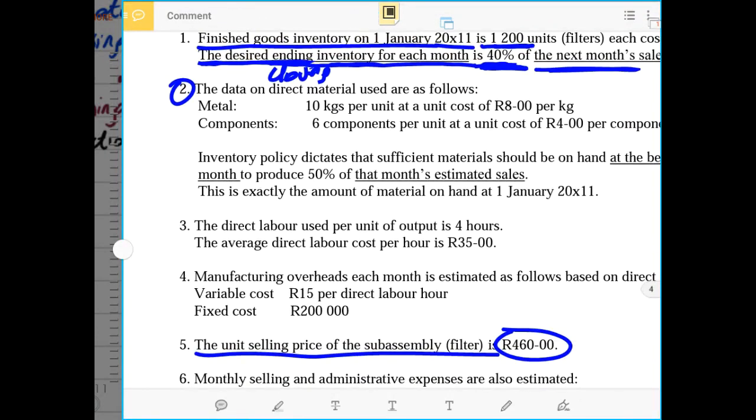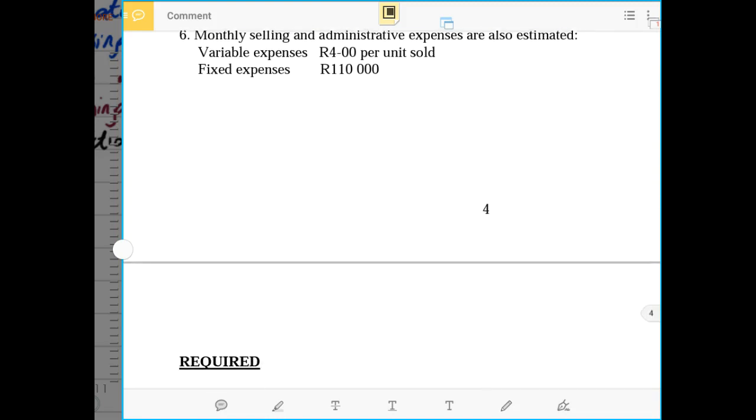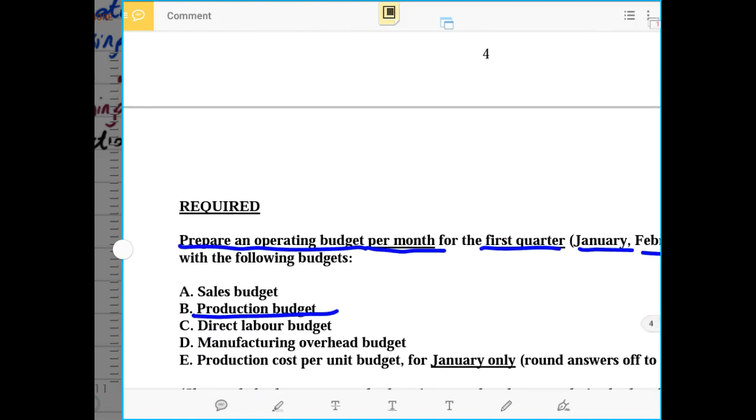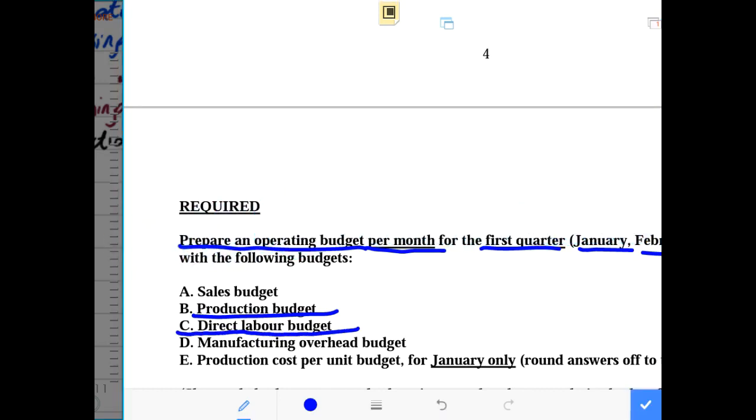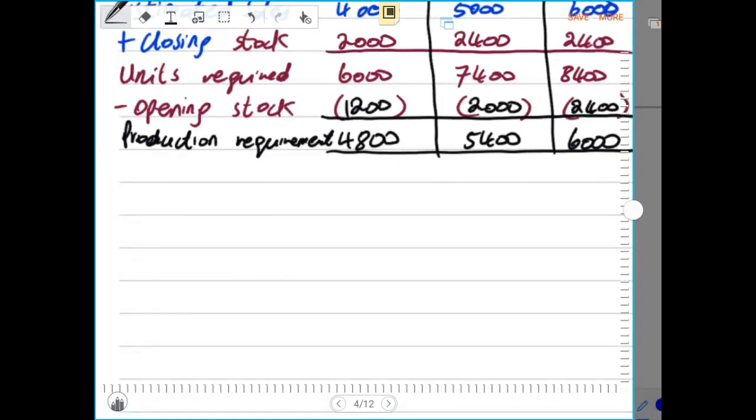The next budget that is required is our direct labor budget, which is number C. Therefore, now we do the direct labor budget.